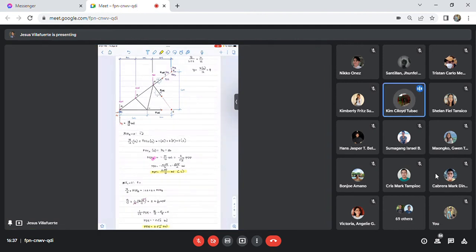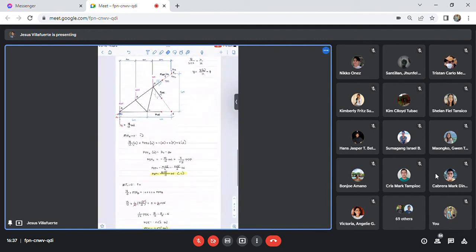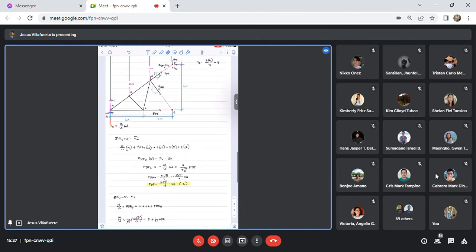So pwede ba mag-moment sa A, sir? Pwede ka mag-moment sa A. If na-solve na nimo ning FDF, pwede na ka mag-summation of moments at A because naa naman kay value sa FDF. So ang imong unknown is only FDE na lang.